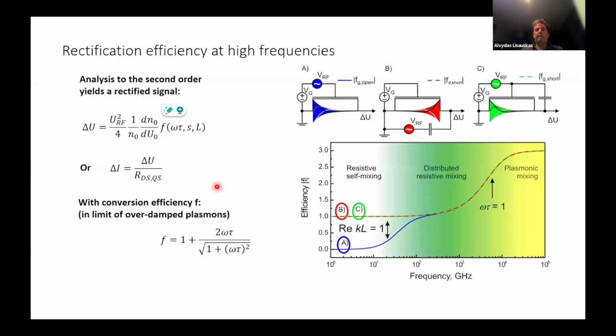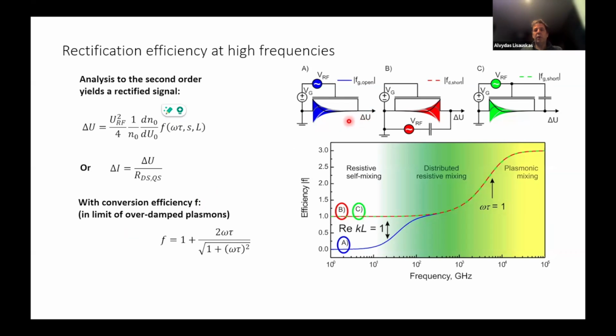And so, in the limit of overdamped plasmons, that's an example. If we apply a field, as was shown in the Dyakonov-Shur simulation, we apply a voltage like a voltage source, and we would create a plasma wave running out of the source side into the channel, going to the drain, and then it would also create a rectified voltage change here.